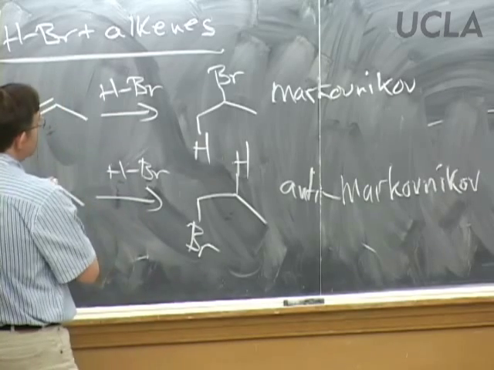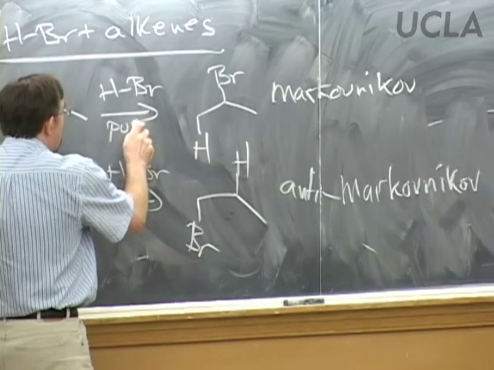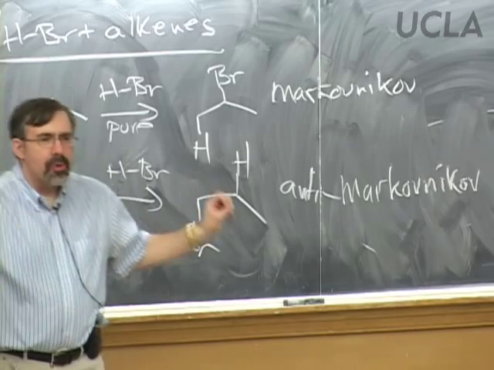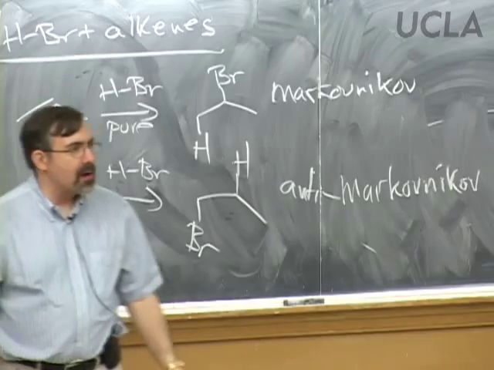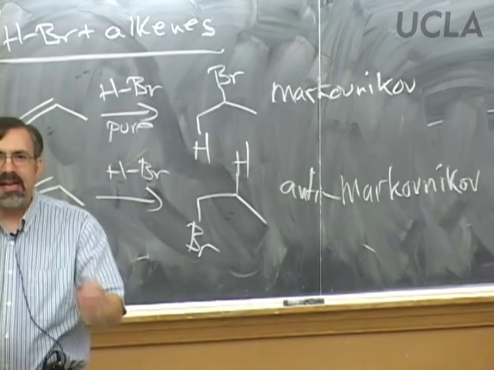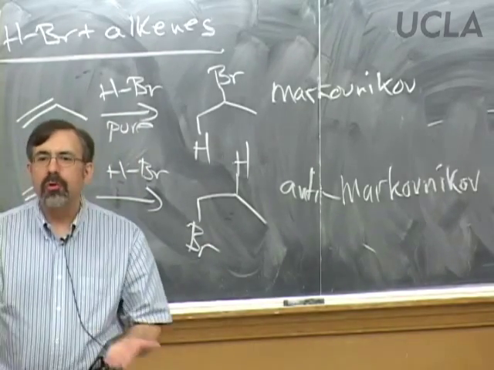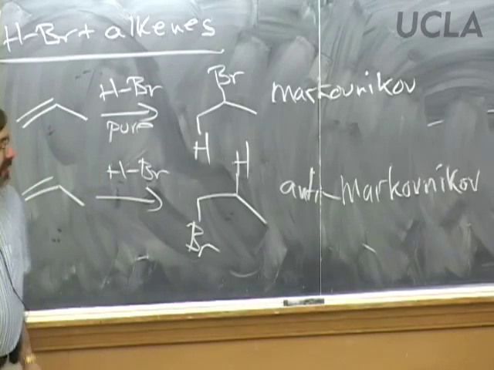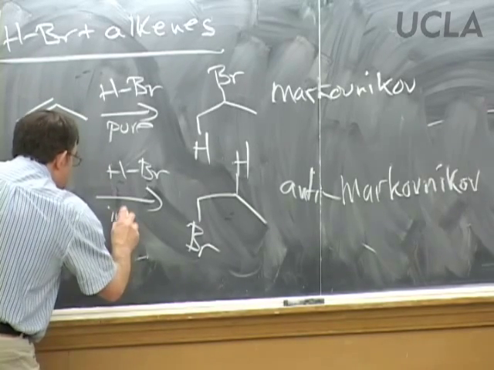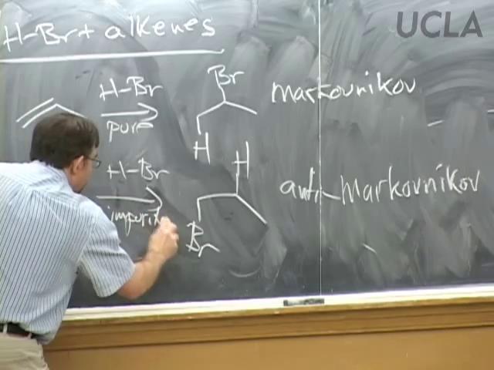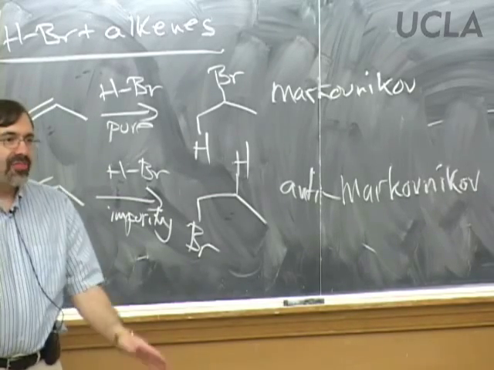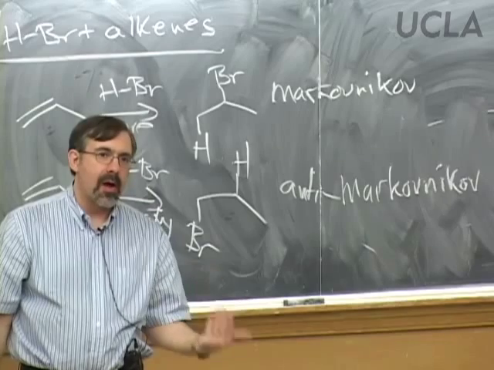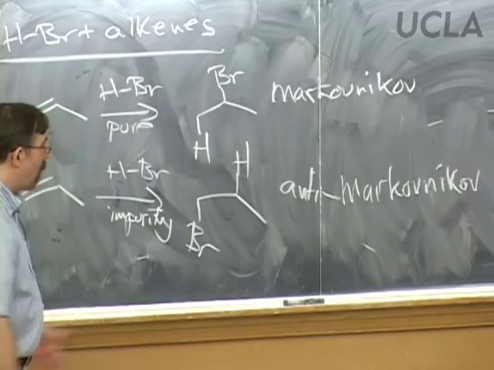They figured out that if your reactants are pure, freshly purified propene, freshly purified HBr, your glassware is scrupulously clean, Markovnikov's rule is followed every time. But if you've got some impurity in here, then, depending upon the nature of the impurity, it may or may not follow Markovnikov's rule.